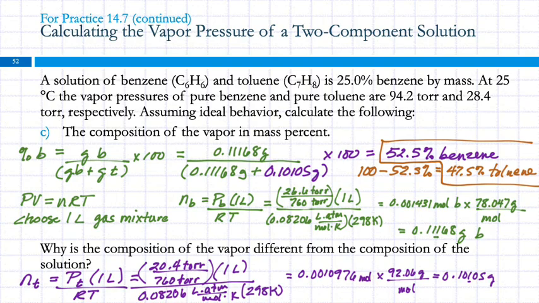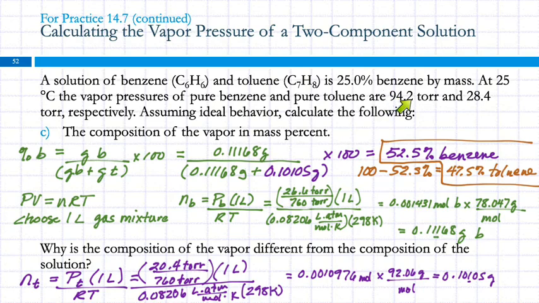We actually don't need to know what the structures are at all. But it does have to do with one evaporating faster than the other. What are their partial pressures? Their pure vapor pressures, I mean. So pure benzene has a vapor pressure of 94, and pure toluene has a pressure of 28 torr.